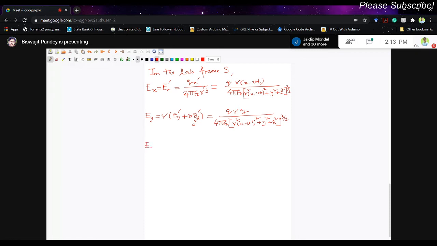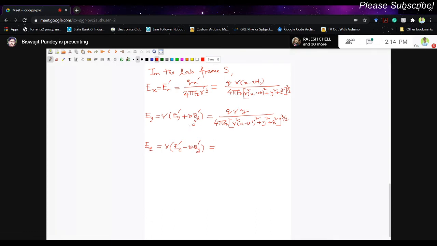And Ez is equal to gamma. Similarly, here it was a plus sign, so this will become a minus sign, Ez prime minus v by prime. See, in this case, you may not encounter any problem with the result, even if you don't write the correct sign, because the second term is a vanishing term, right?